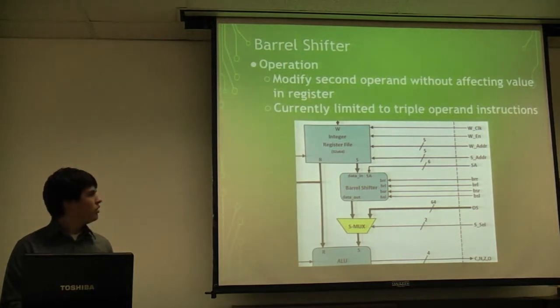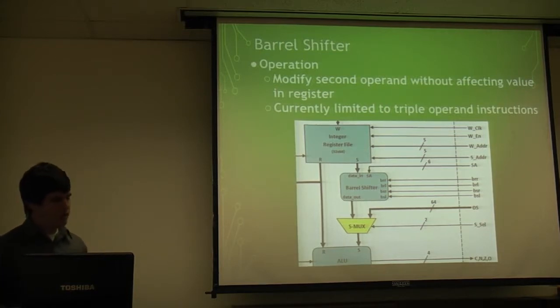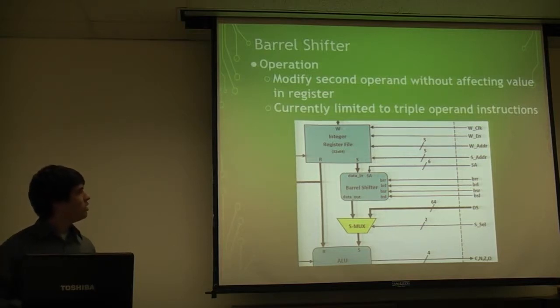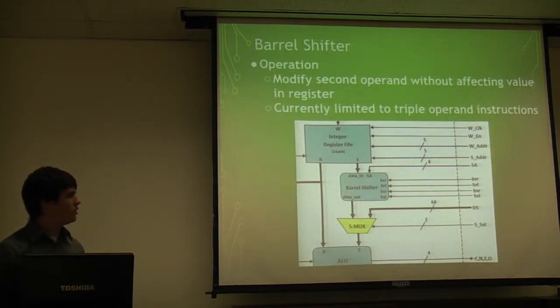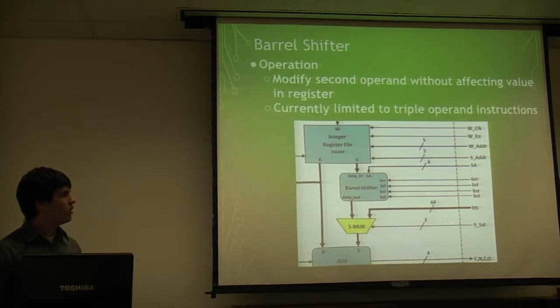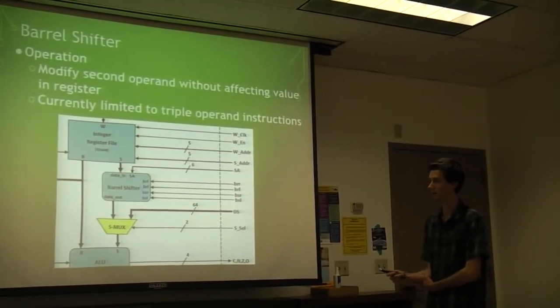And the biggest enhancement we made was the addition of a barrel shifter. What it does is modify the second operand, or the S value, without affecting the value in the register. So you can have one value in the register, but say you want to multiply it by another value before performing an operation on it, then you can just do that in the barrel shifter. And it can rotate right, rotate left, shift right, or shift left.